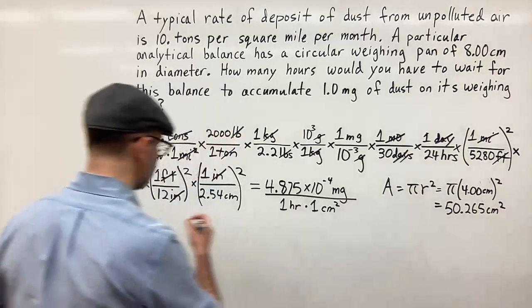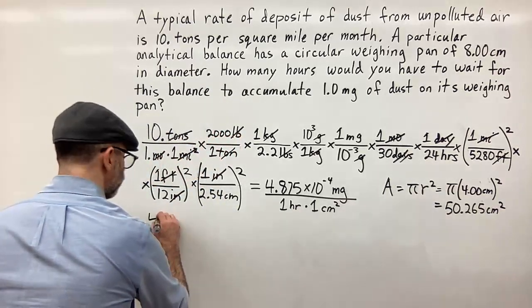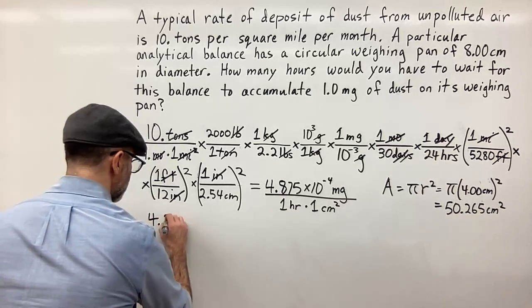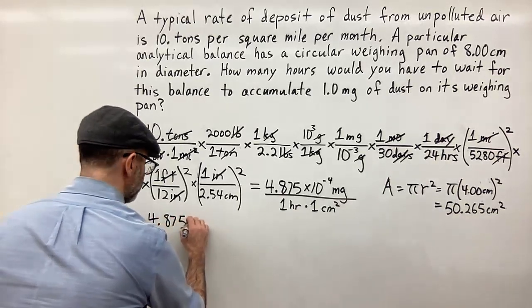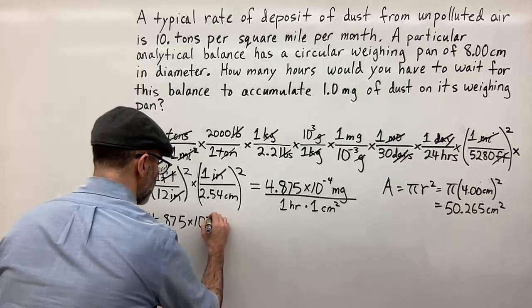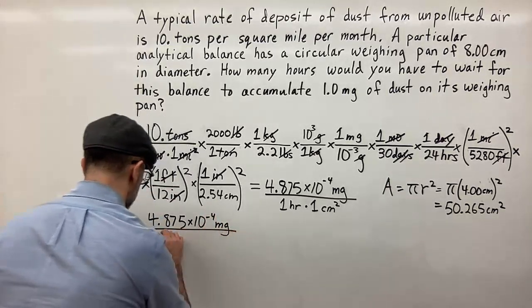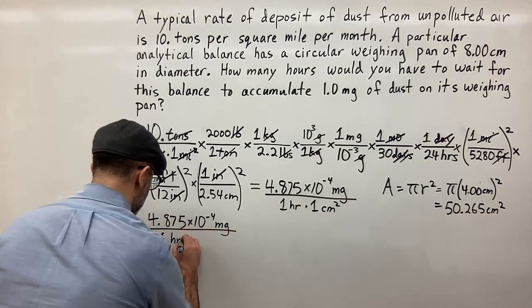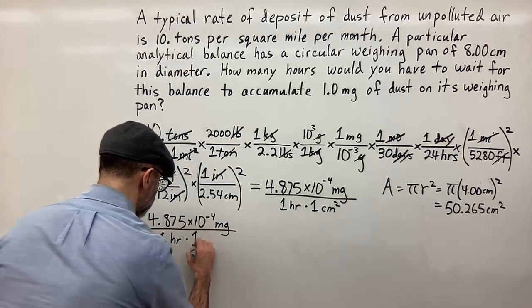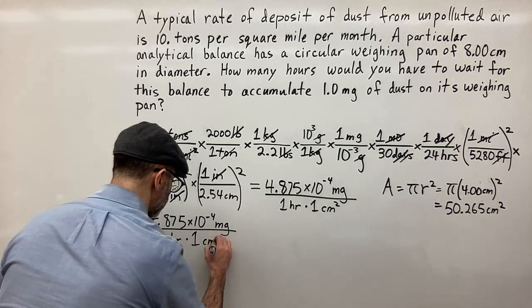So then what happens? I get 4.875 times 10 to the negative 4 milligrams over 1 hour per 1 centimeter squared.